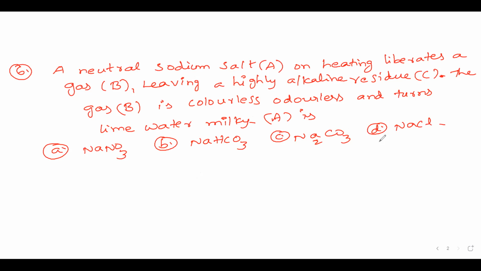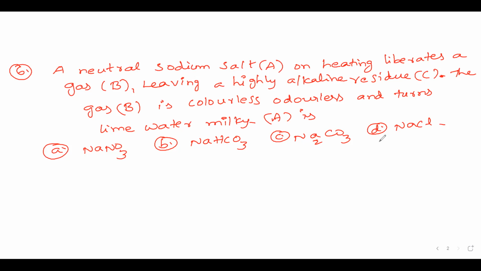So a neutral sodium salt on heating liberates a gas B, leaving a highly alkaline residue C. The gas B is colorless and turns lime water milky. Lime water milky means definitely carbon dioxide is the gas. Now, from where will we get carbon dioxide?